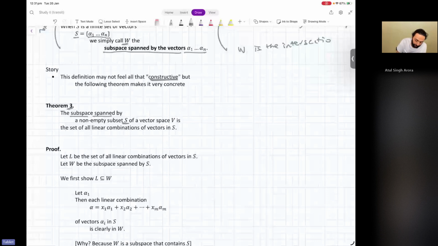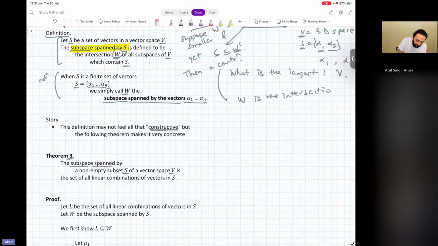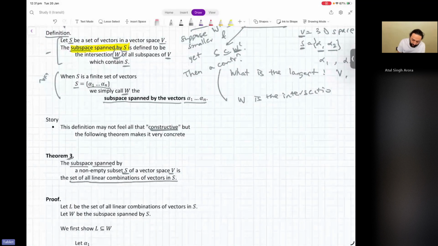This is basically just using the definition above. It turns out that this subspace that we defined above is exactly the same as the set of all linear combinations of vectors in S. So suppose that S was, say, alpha 1 to alpha k.